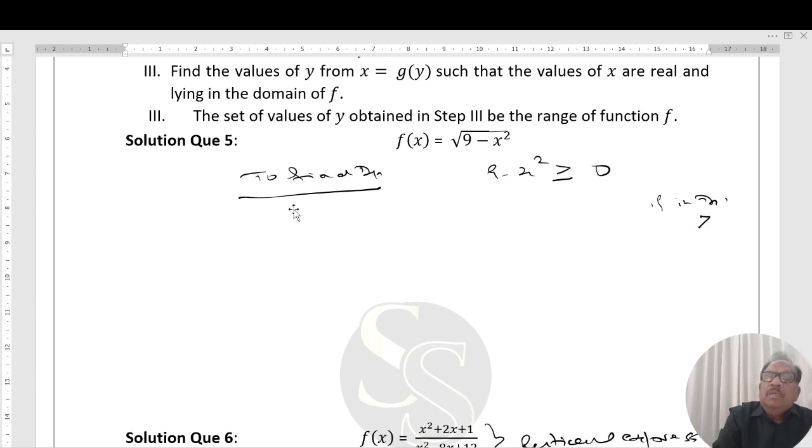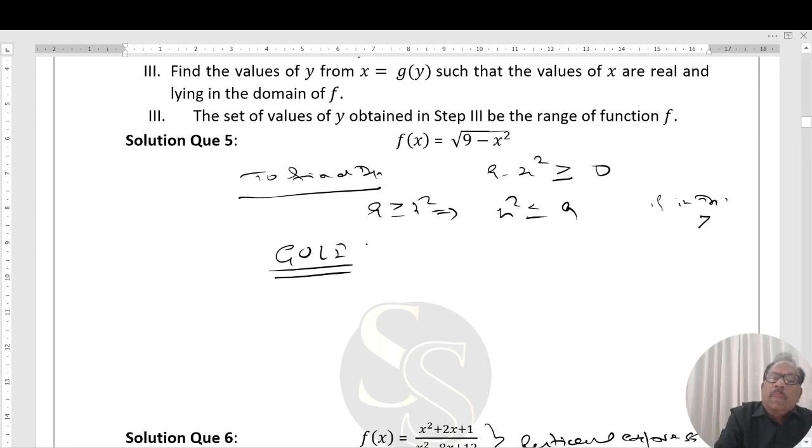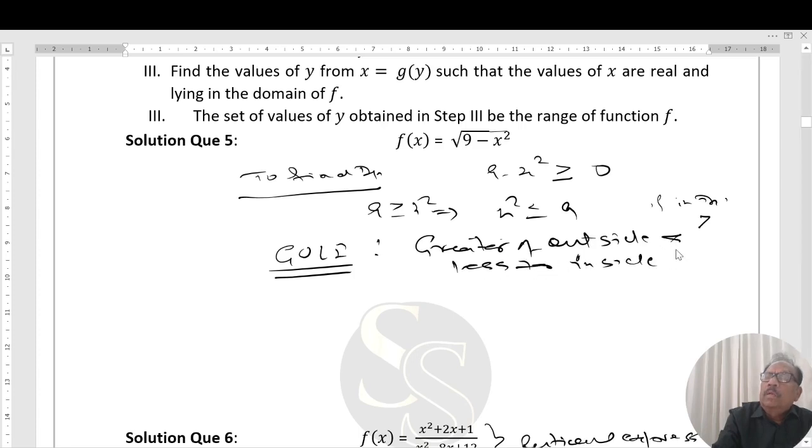In that case, 9 minus x square greater than or equal to 0, that is, x square less than or equal to 9. Now, you know the inequation concept: greater goes outside and less goes inside.